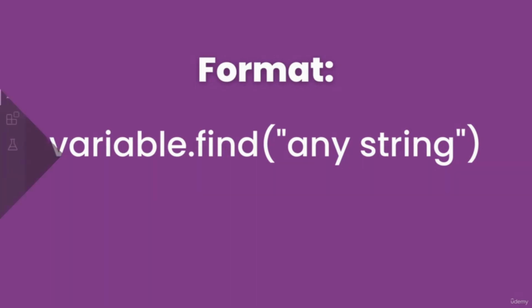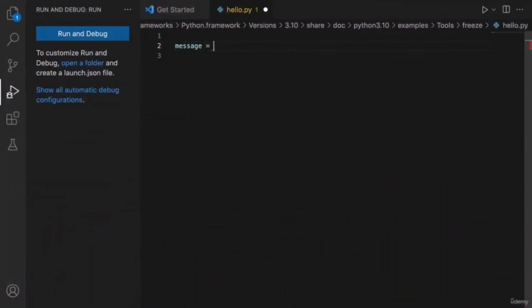I'll create a variable called message and store the string hello world in it. Let's say I wanted to find the first occurrence of the letter L in the string and print out the index.